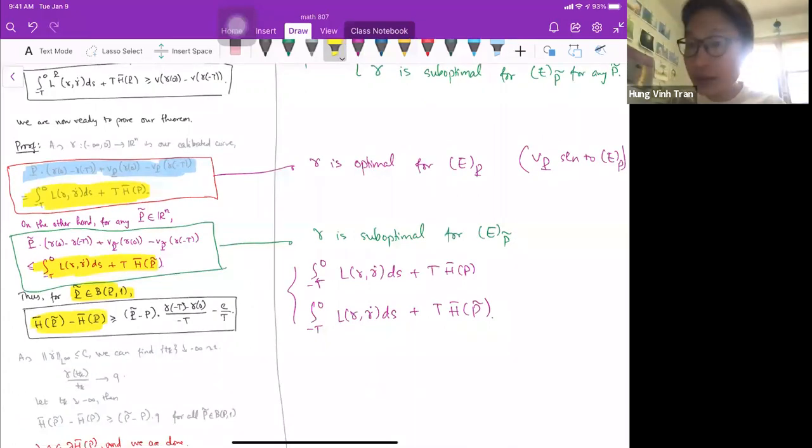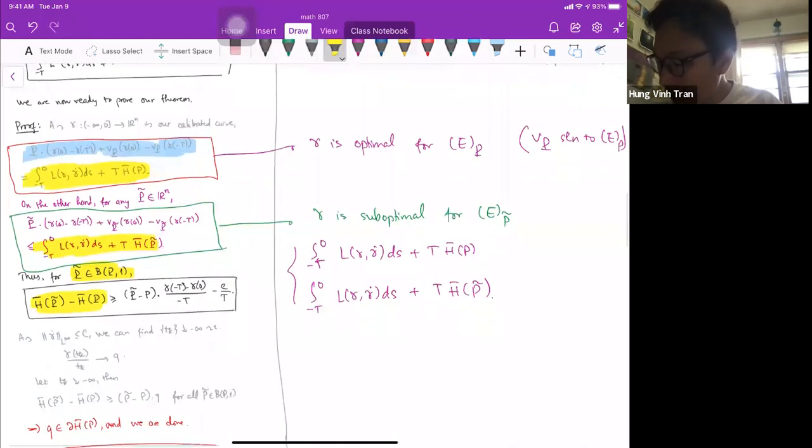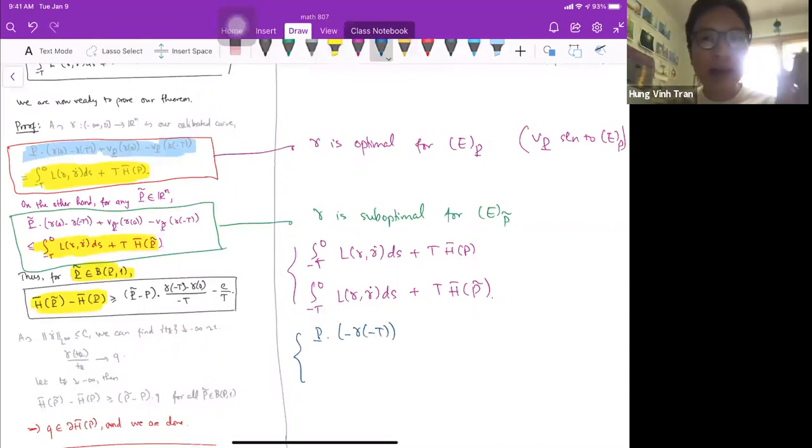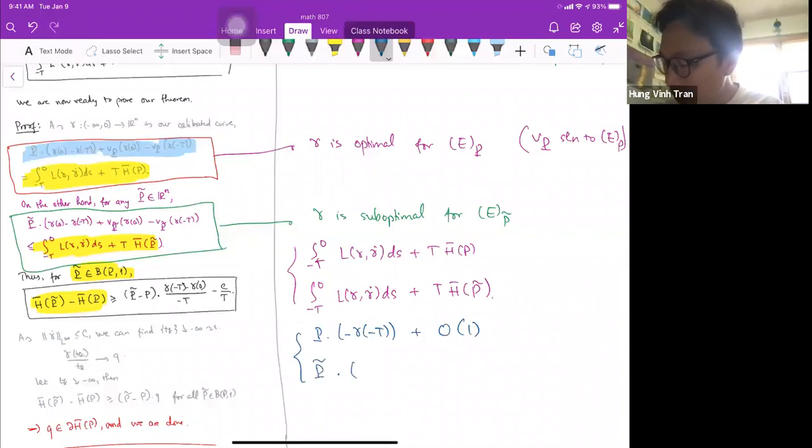And then let's compare the left hand side. What's most important is that gamma zero is a fixed point, so let me just write out the most important thing. It's going to be p dot minus gamma of minus t, V is a bounded function, so everything is bounded, plus O(1). And the second term of the left hand side is p tilde dot minus gamma of minus t plus O(1).